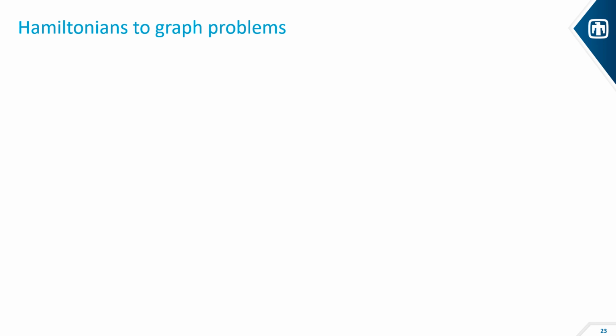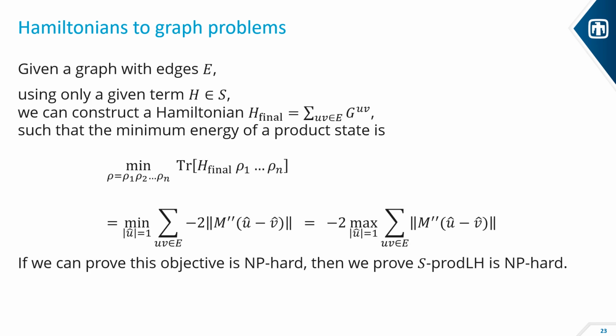And so at this point, we have a path to connect the Hamiltonian problem to graph problems, or at least graph and vector problems. In particular, given some arbitrary graph, we can begin with any non-trivial Hamiltonian term and construct a large Hamiltonian using the gadgets that we introduced, such that we know that the minimum energy of a product state for that Hamiltonian is equivalent to this expression.